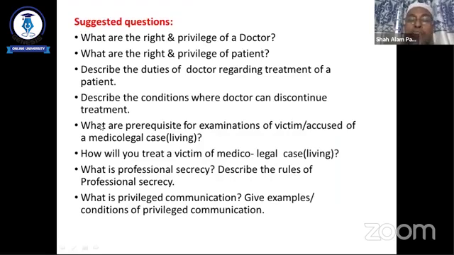What are the prerequisites for examination of a victim or accused of a medico-legal case in case of the living? There are 5 things in every case. You can add this. And also there are prerequisites for post-mortem examination, that is for death. How will you treat a victim of a medico-legal case? I have already discussed this. There are 2 sets of duties. One is the medical measure, that is you examine and assess the condition, and then life-saving management.